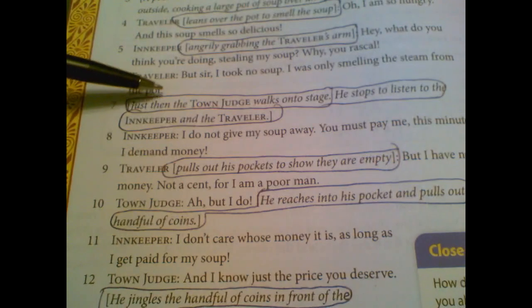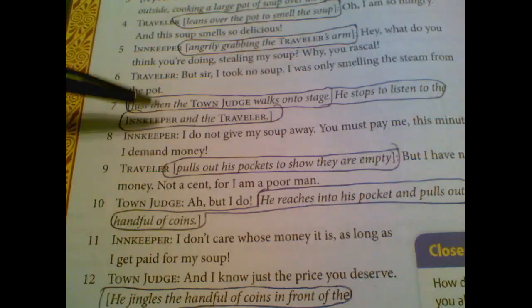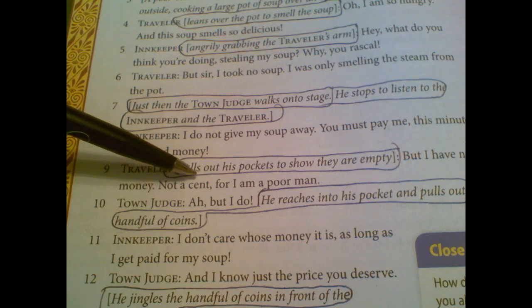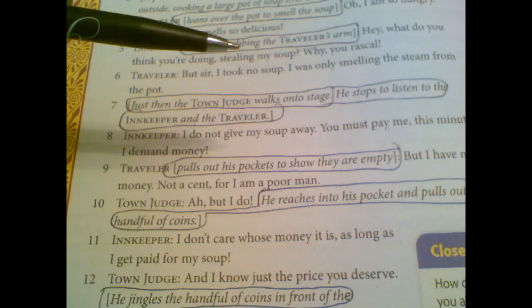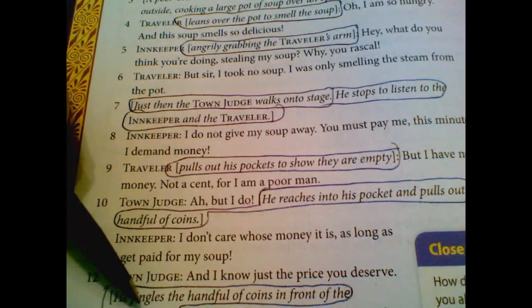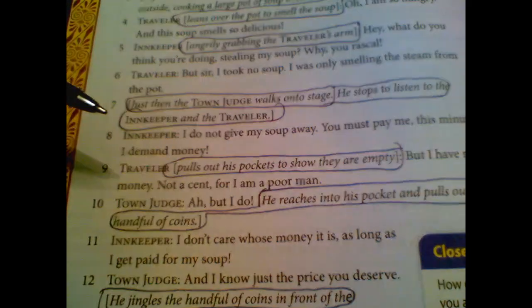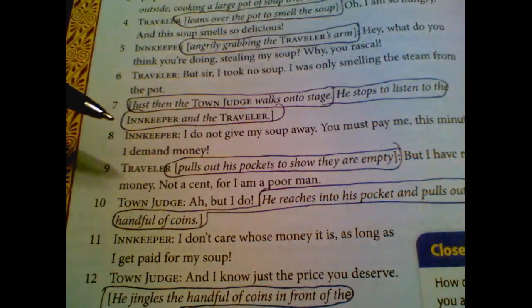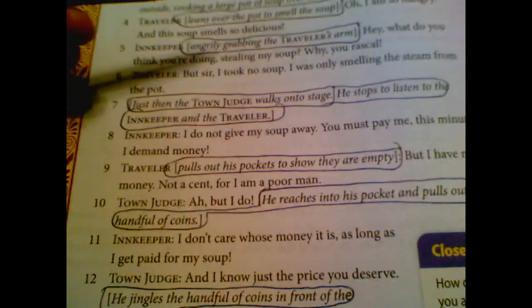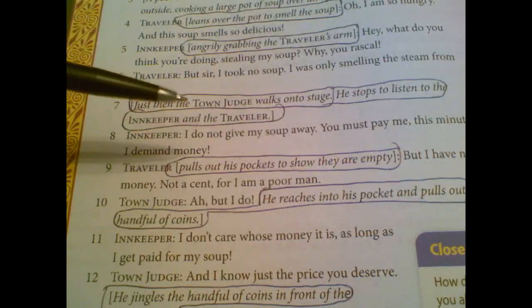He stops to listen to the innkeeper and the traveler, pulls out his pockets to show they are empty. He reaches into his pocket and pulls out a handful of coins. And finally, he jingles the handful of coins in front of the innkeeper. So all those things that I circled were details that told the characters how to act, our stage directions.